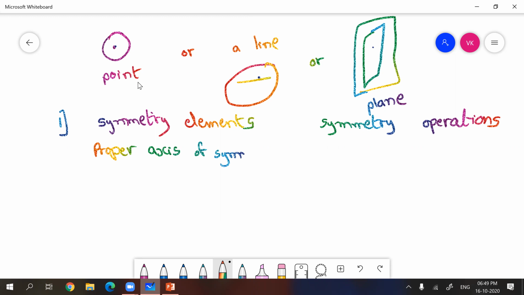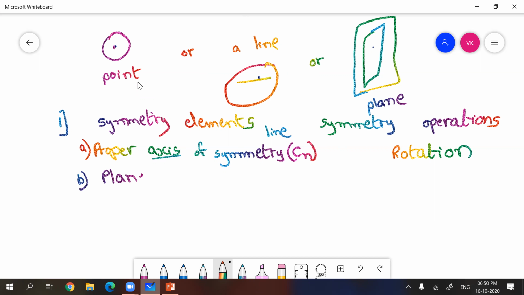It is indicated with the symbol C suffix n. We will discuss in detail about this. And here the operation is rotation. And what is the symmetry element here? You see, axis means line. Here we are going to use a line as a symmetry element. What is the name of the symmetry element? Proper axis of symmetry.